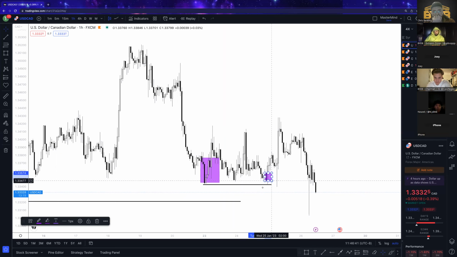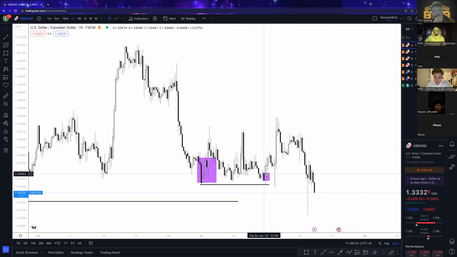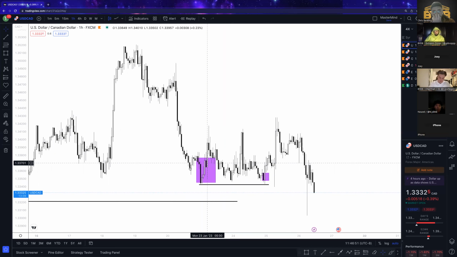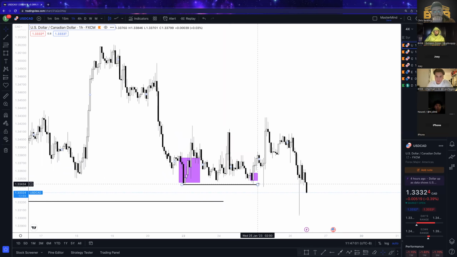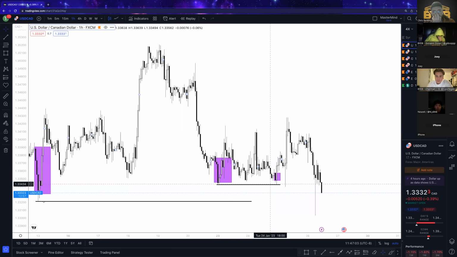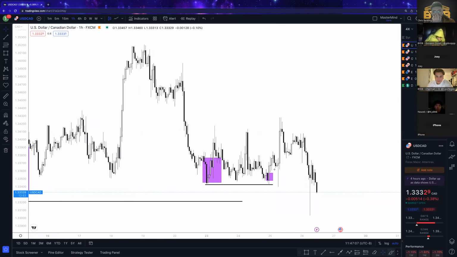So my thing was like, here, like I said, the more times something happens, sometimes the less likely it is to happen, or sometimes, yeah, the more evidence, the better before it just takes off, right? So in this case, I was like, this area can just get swept but still respect this area, or it could just trade through, right?